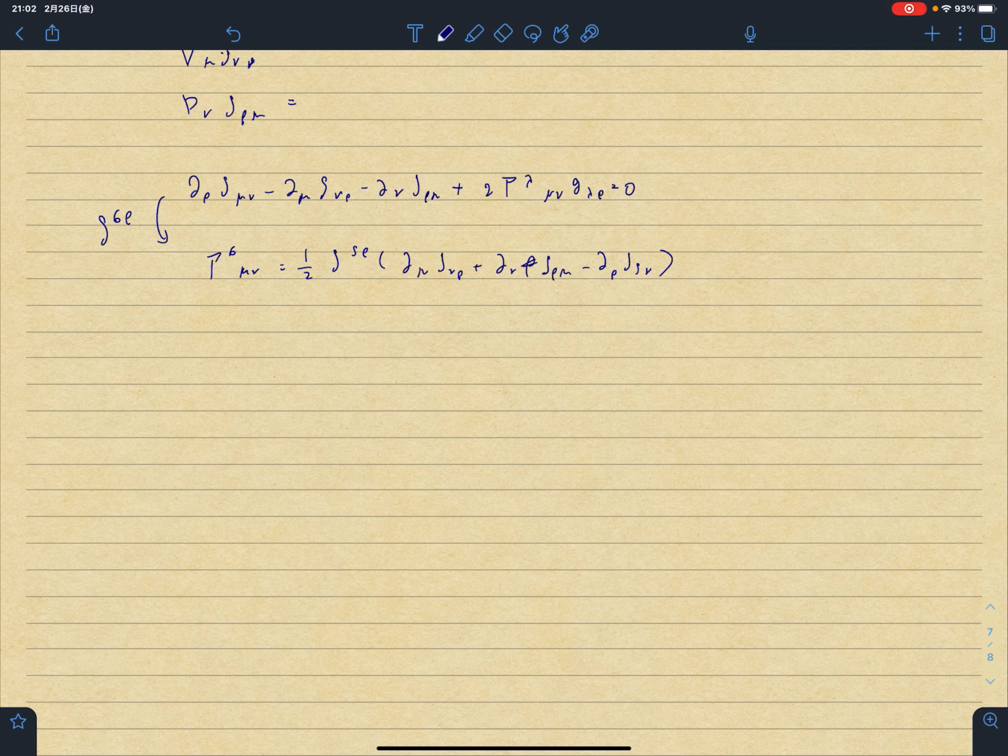But not all do: gamma r theta theta does not equal zero.